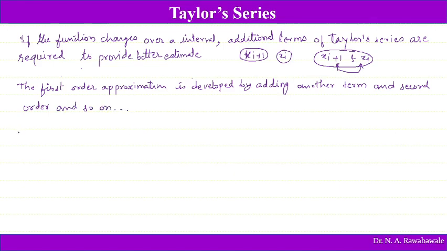See here, the first order polynomial. At zeroth order, f of xi plus 1 is equal to f of xi. To get the first order polynomial, we write f dash of xi times xi plus 1 minus xi. We call this equation number 2. This equation number 2 is a first order polynomial of the Taylor series.